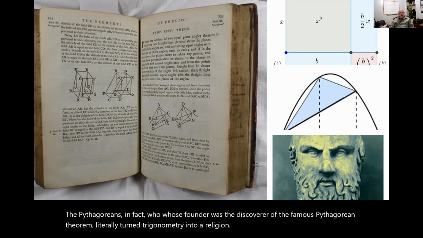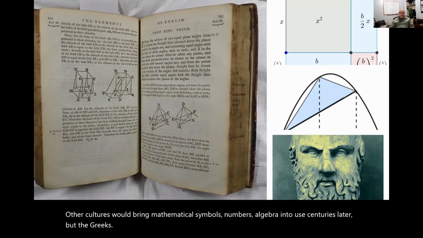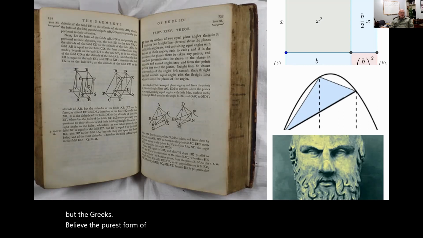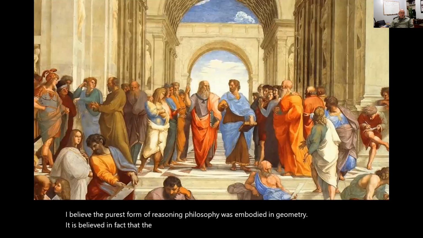Other cultures would bring mathematical symbols, numbers, algebra into use centuries later, but the Greeks believed the purest form of reason and philosophy was embodied in geometry. It is believed, in fact, that the words, "Let no one ignorant of geometry enter," were engraved above the entry of Plato's Academy.